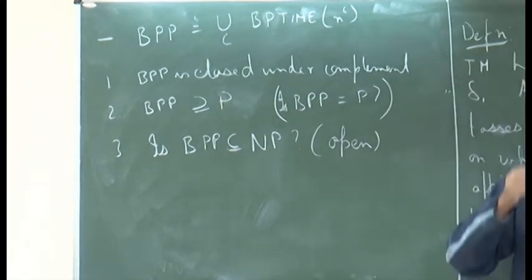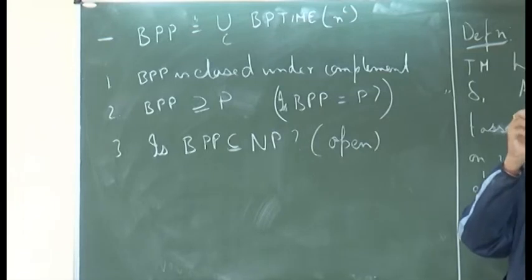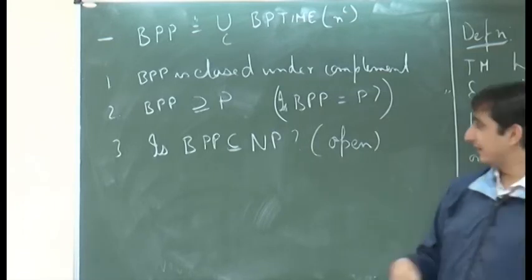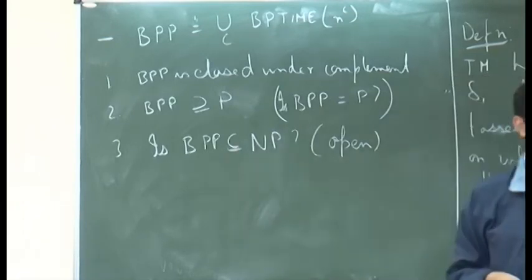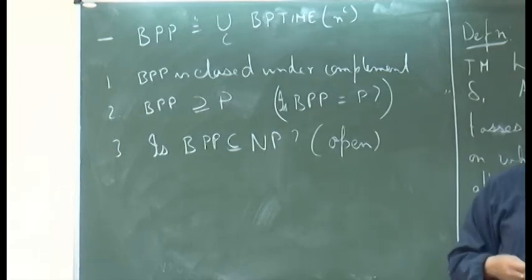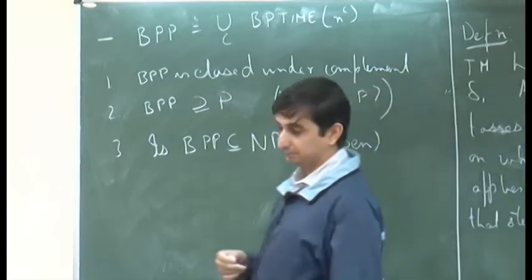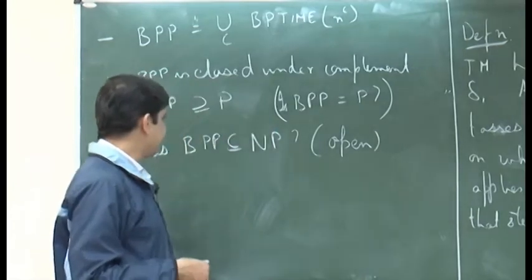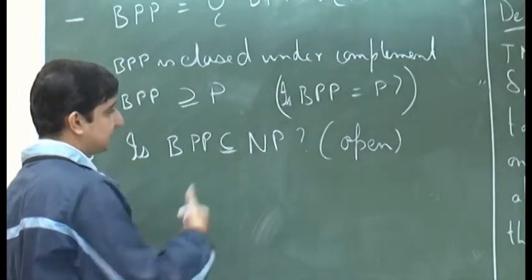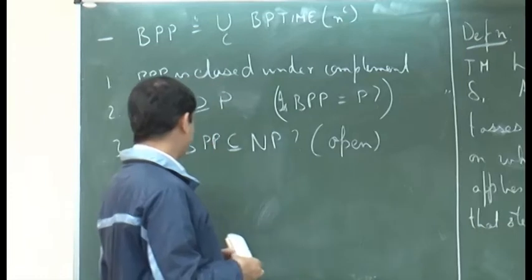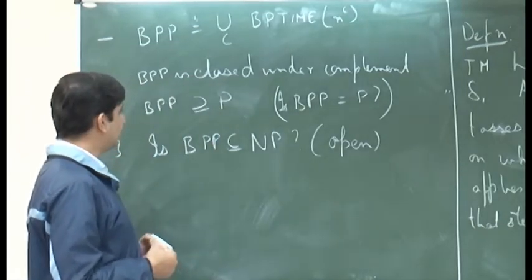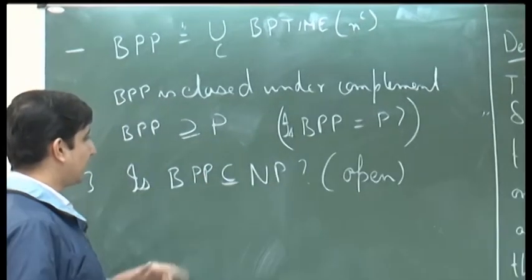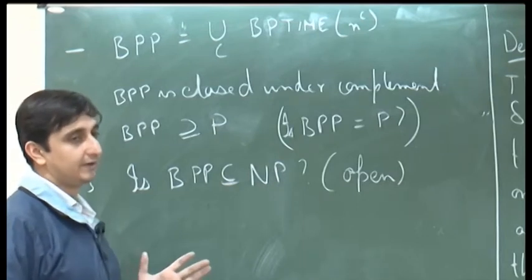We will see that in maybe a couple of lectures, why this is believed to be true and not the other way around. But as our frontier of knowledge stands, we do not know how these classes compare. Therefore, even if we can show that P is equal to NP, it does not quite show whether BPP is contained in P.